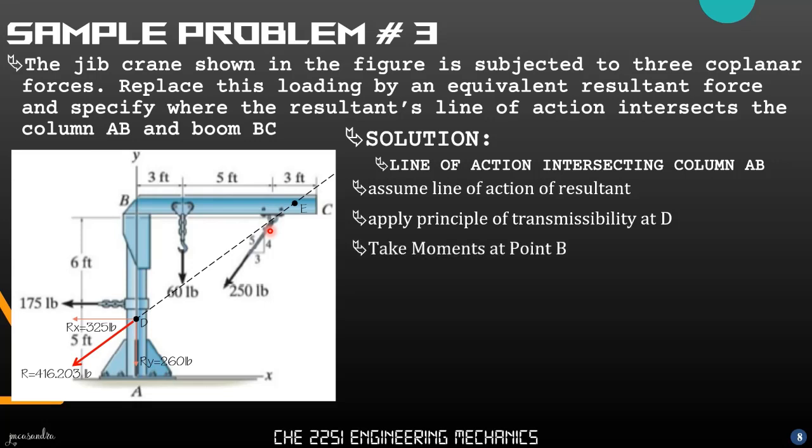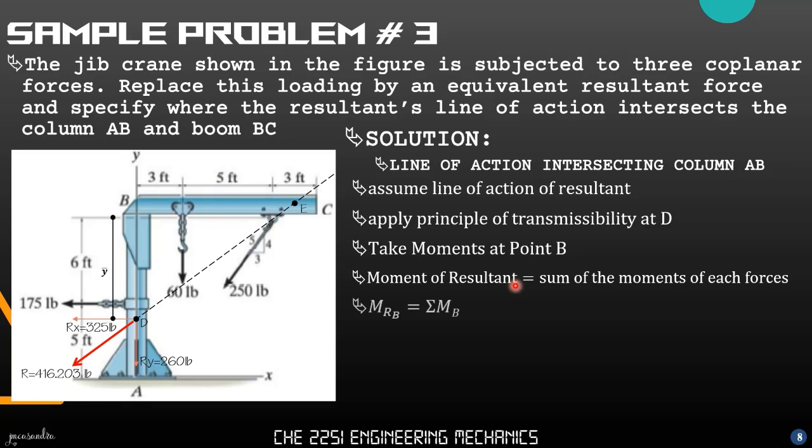From this, we can now take our moments at point B. We apply Varignon's theorem. Moment of the resultant is equal to the sum of the moment of each forces. So the forces now that would be included in our equation will be Rx with distance bar y.